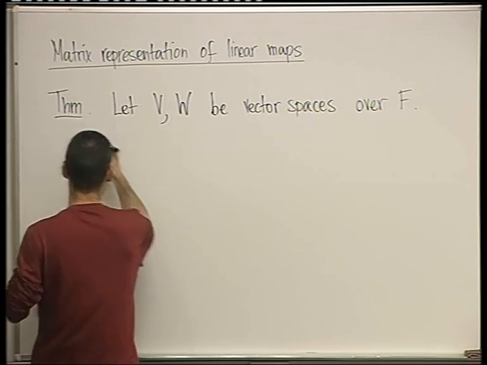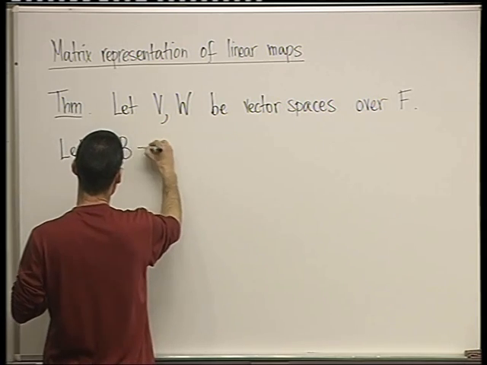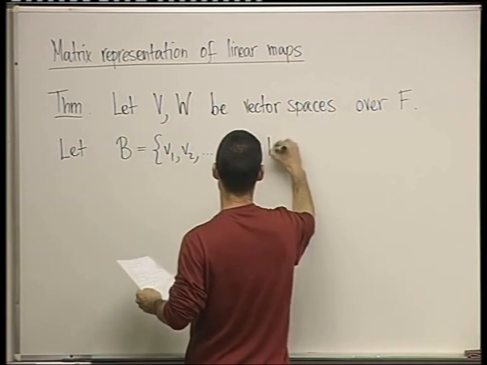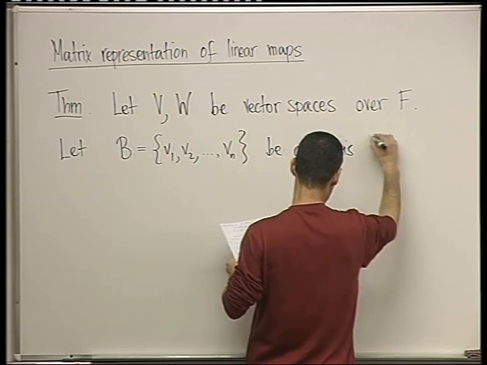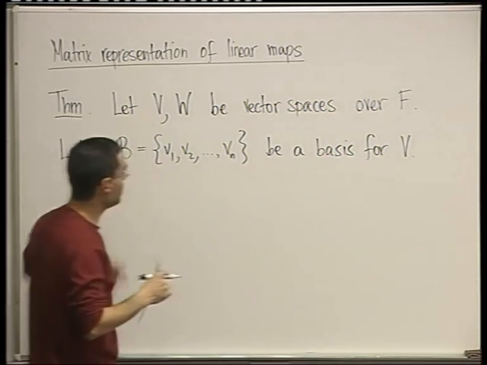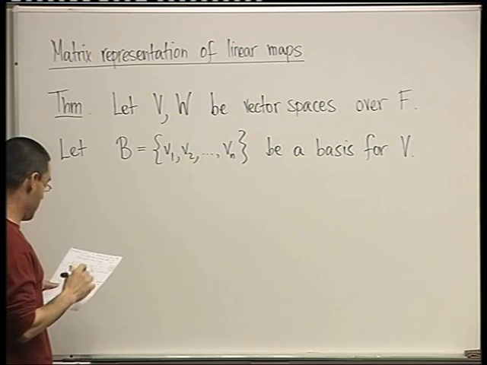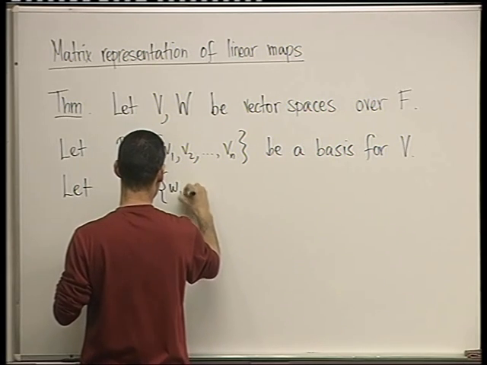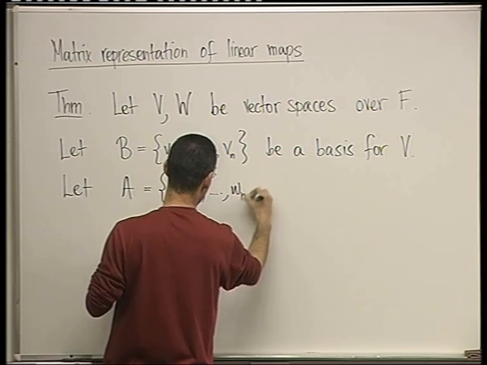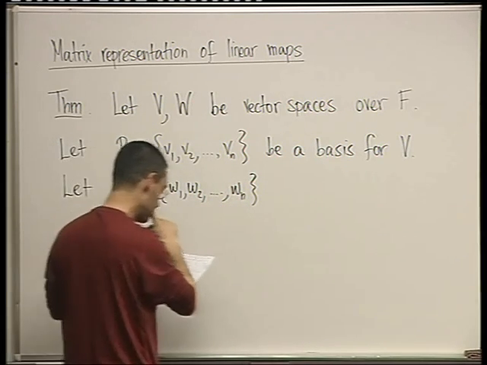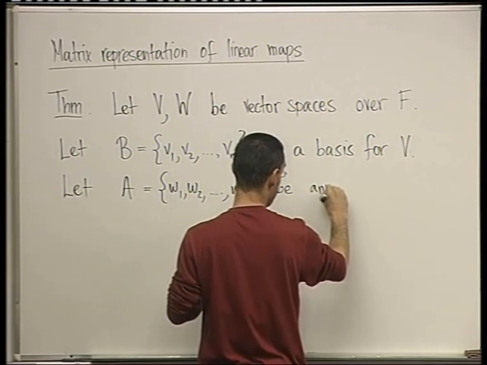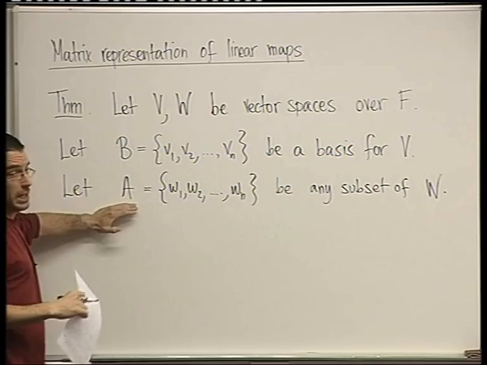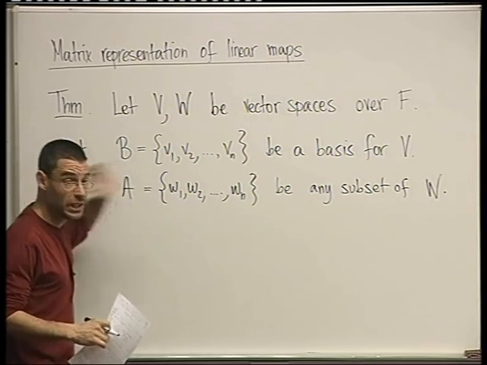Okay, so let B equal V1, V2, up to Vn be a basis for V. So V is going to be a space of dimension n, and B is a specific basis for V. And let A, which I'm going to denote by W1, W2 through Wn, these are little v's, these are little w's, be any subset of W. So there are no assumptions on A. Not that it's a basis, not that it's even spanning or linearly independent, nothing.